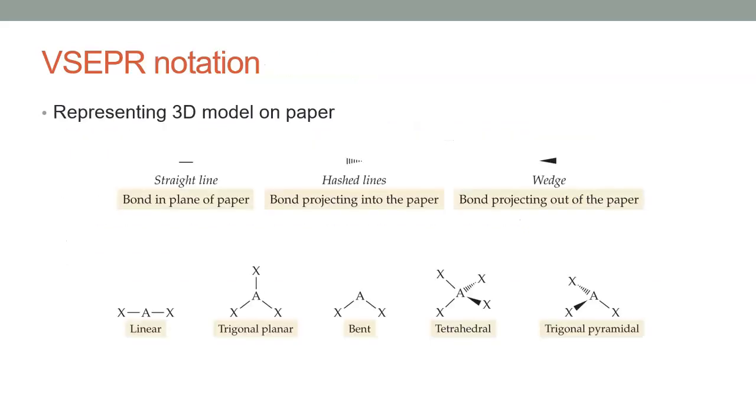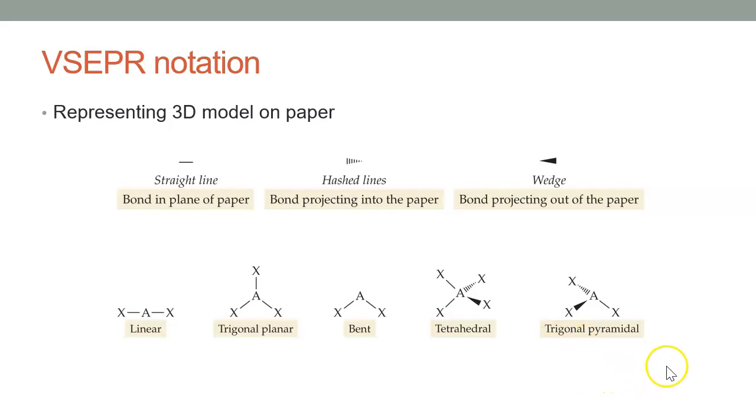So here are some of the things. You can go ahead and draw these down just so you're familiar, but something like linear, the bond would be in the plane of the paper. Trigonal planar, everything's all in the same plane, because it's planar. And so the ones that we have to think about would be something like tetrahedral, where if you had this molecule, you would have 2 of the bonds in the same plane, and then you'd have 1 atom going back into the paper, and 1 atom coming out towards you.